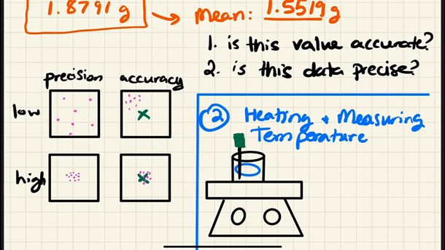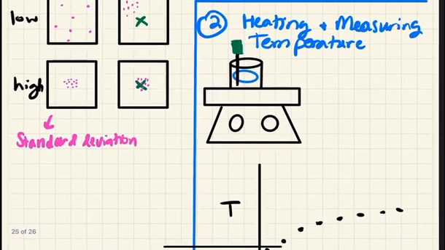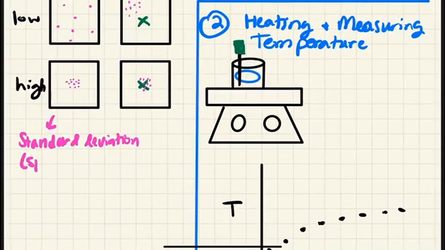Now, if we want to actually put some sort of number to represent how precise and how accurate data is, we can calculate the standard deviation to show essentially the spread of the data points.